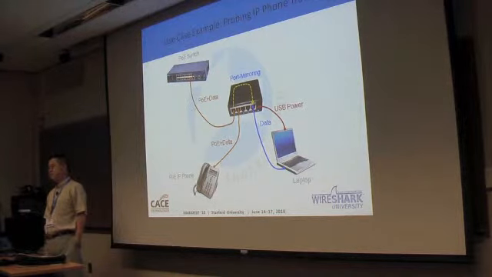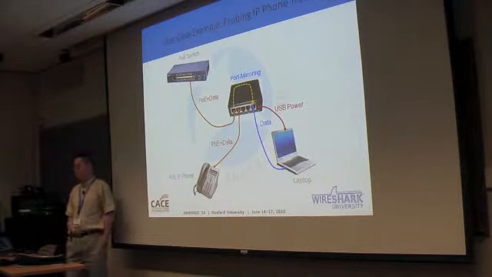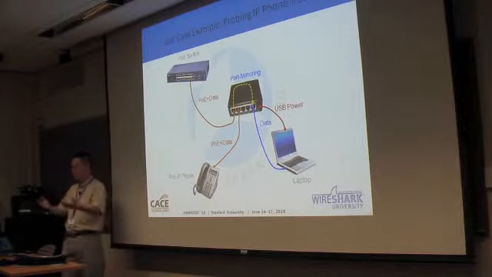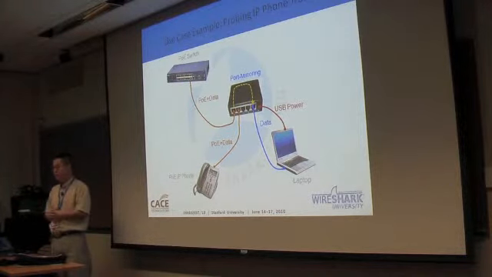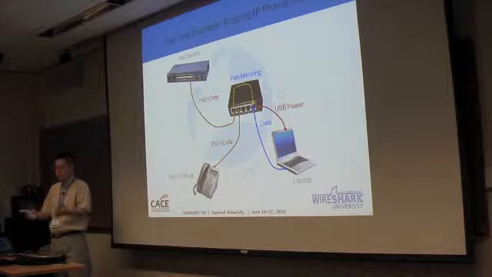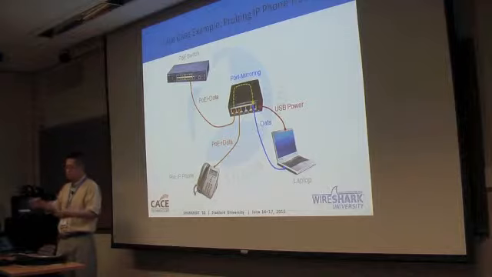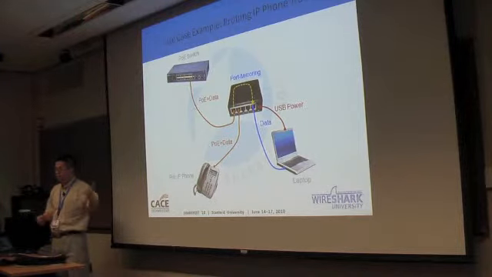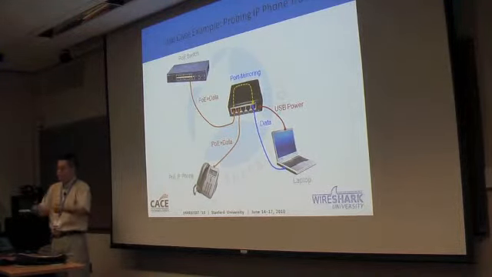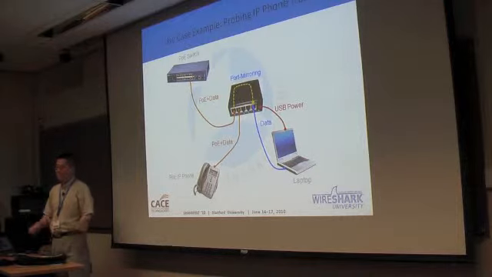This one is basically not targeted for a permanent deployment in the network. This one is more like a portable solution for IT personnel. For example, if you want to see some traffic at a certain point in the network, he just grabs a laptop and grabs this box and goes there and captures the traffic.